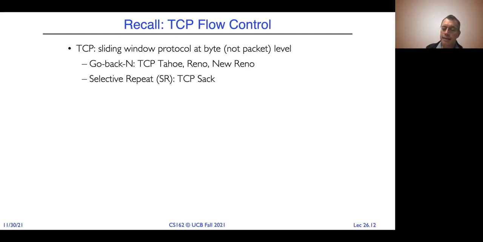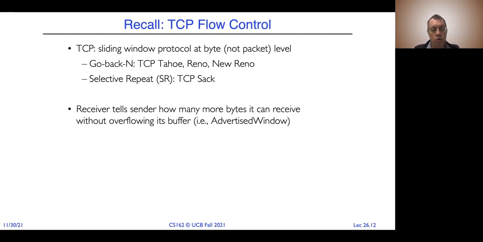Go-back-N: if I miss some packets, I go back and send the packets from the one I missed and also the subsequent packets, whether you received them or not. Selective repeat, called TCP SACK: you send only the packets, or the bytes, which are lost.